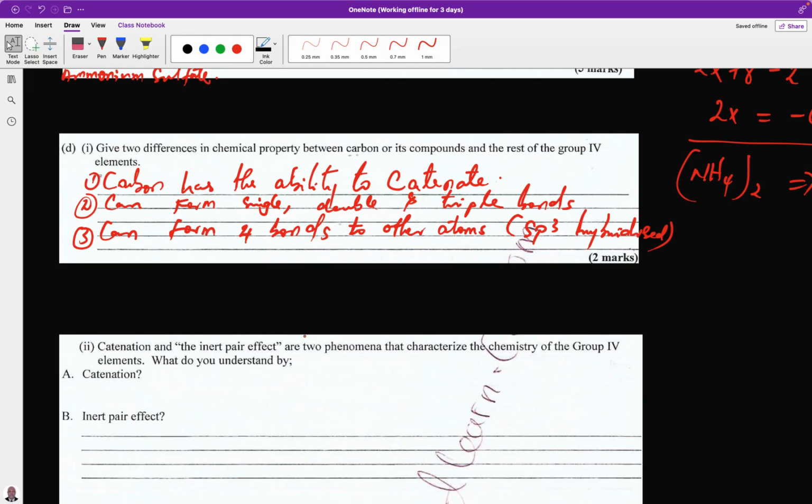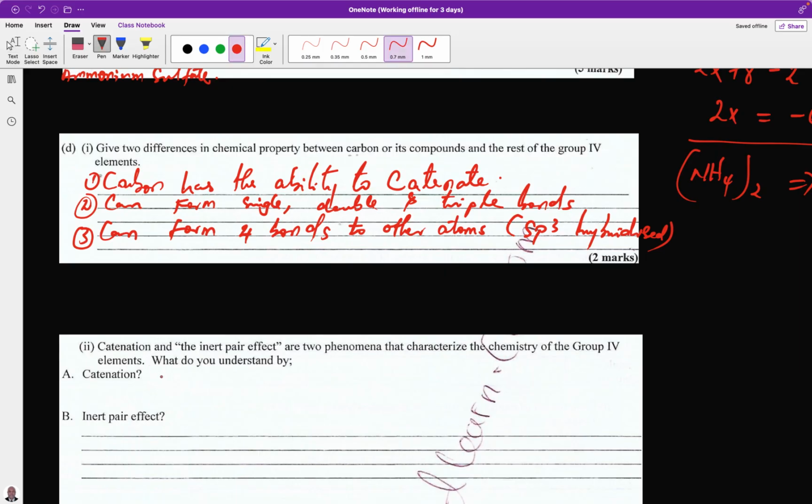Yes, we have used catenation in the first place. So what do you understand by catenation? Catenation is the ability of an atom to form chains and rings between itself.